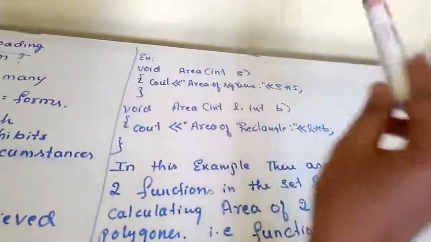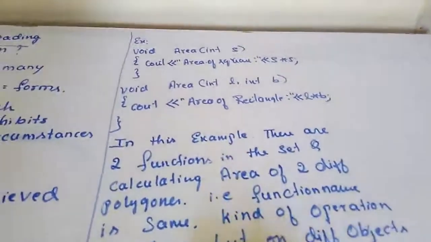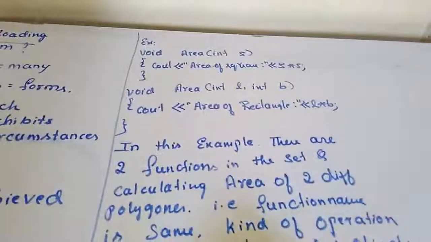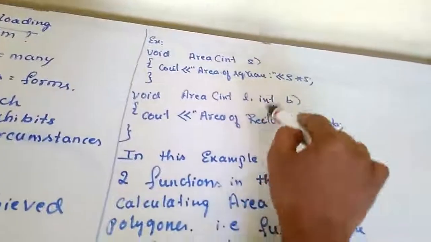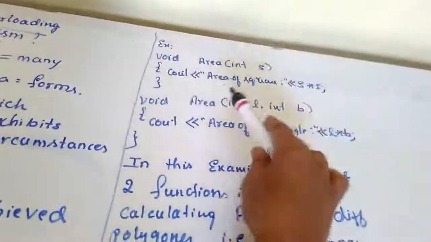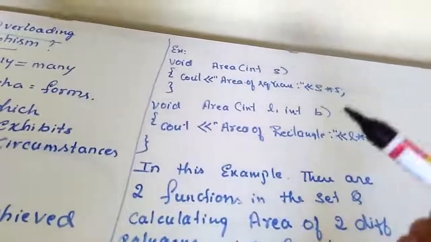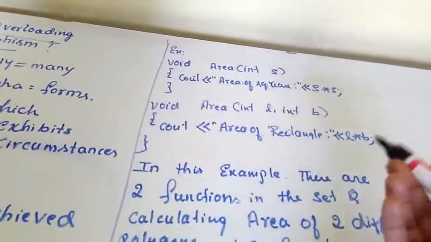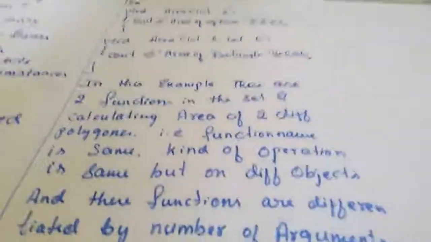One is the area of a square, another is the area of a rectangle. These functions are differentiated by the number of arguments. Though the name of the function is the same, the compiler chooses the function depending on the arguments. In this way, we can achieve polymorphism.